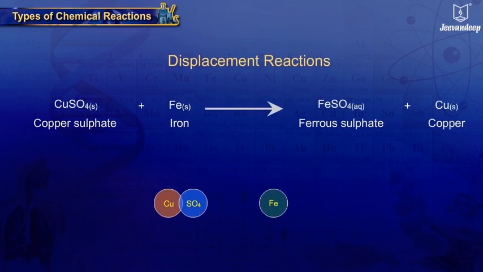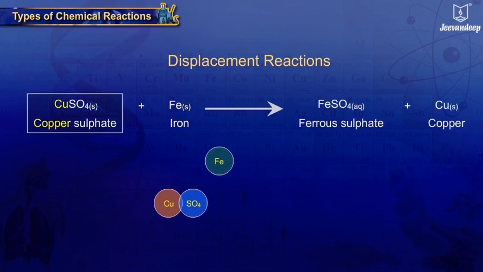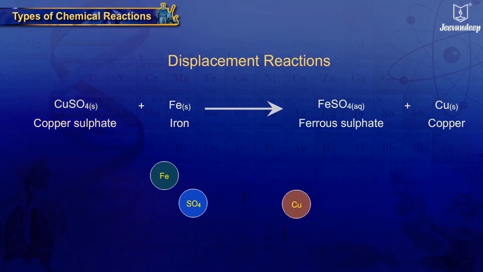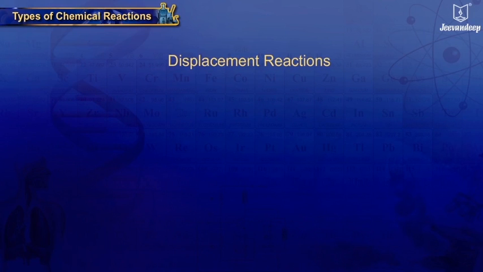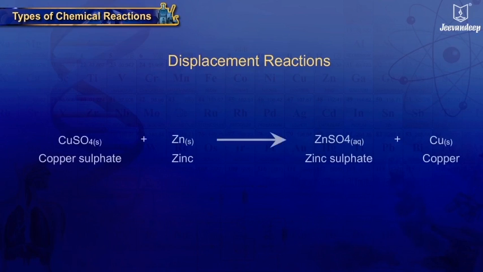In the given reaction, more reactive iron displaces less reactive copper from its compound, copper sulfate, forming its own compound, that is, ferrous sulfate. Let us understand displacement reaction with the help of an experiment.